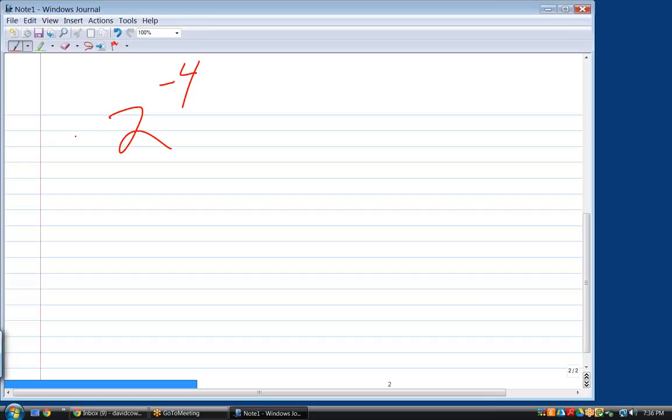This means 2 to the -4, but if I put parentheses around it, it still means 2 to the -4. Now, if there was a negative sign in front of there, then the parentheses are very, very important. They're needed if they are needed. But my point is that you can't overuse parentheses and you can underuse them.